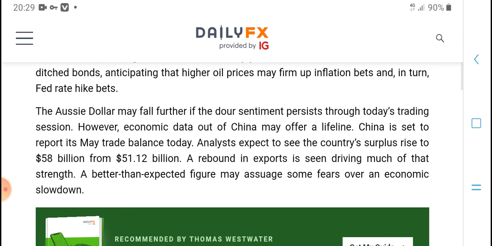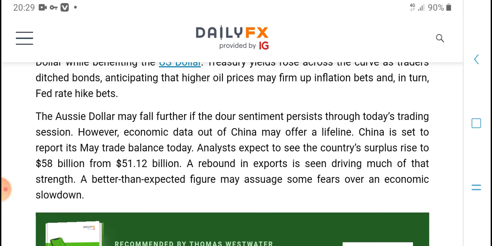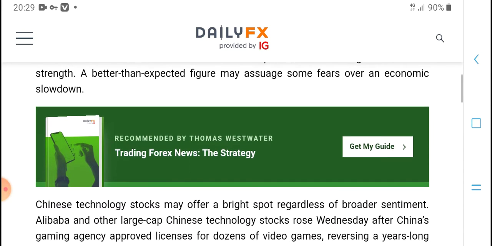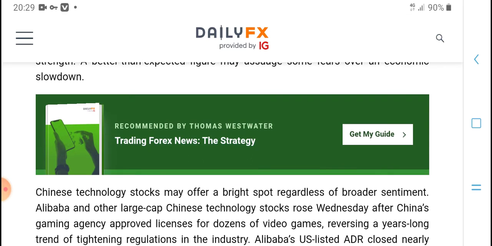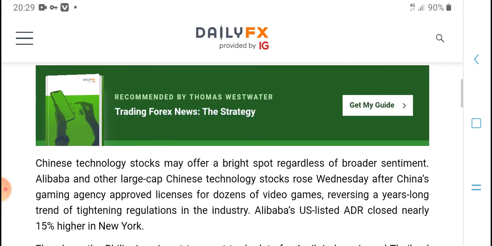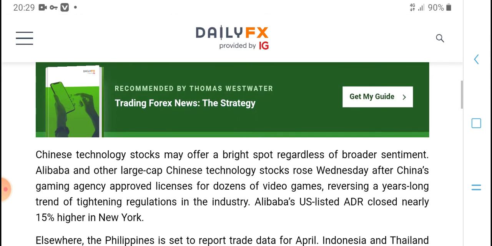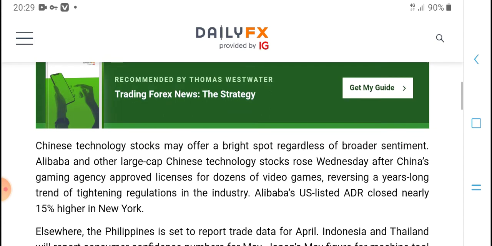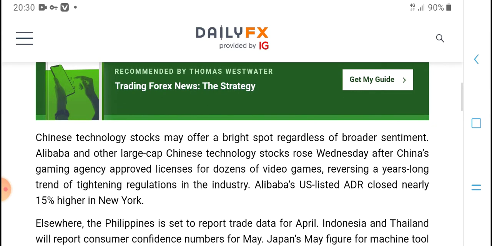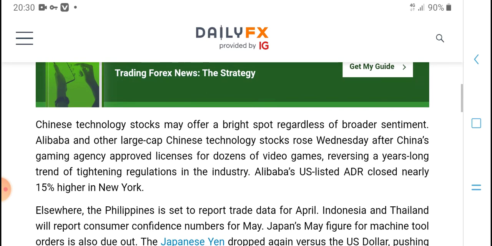Many aggressed and some fear an economic slowdown. China technology stocks rose Wednesday, including Alibaba and large chip stocks, after the China gaming agency approved licenses for a dozen video games, receiving years in the long trending light regulation industry.